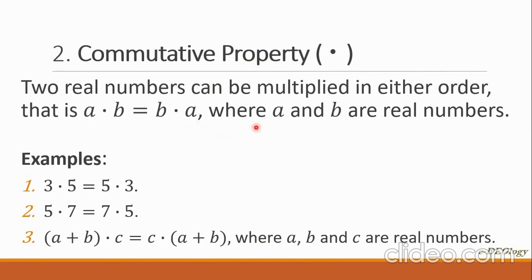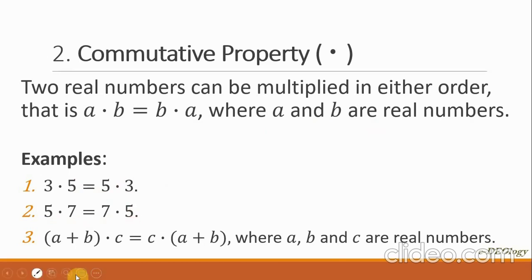In other words, if we're going to interchange the position of the factors, the product will be same. Let's see the example number 1. 3 times 5 will be equal to 5 times 3, and both of them will be equal to 15. Example 2, 5 times 7 is the same with 7 times 5.